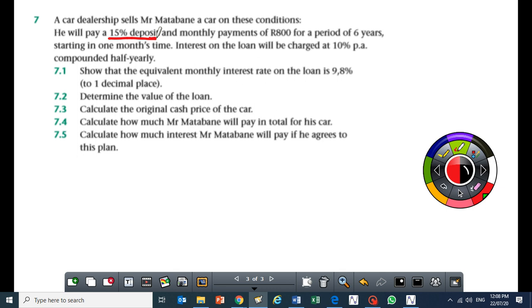It means your interest will also go down. It's not a good idea to buy a car at 0% deposit. You are going to end up paying more in interest, and your monthly payment will also be higher. Some people think if the deposit is 0%, then it's a very good thing. It's not.